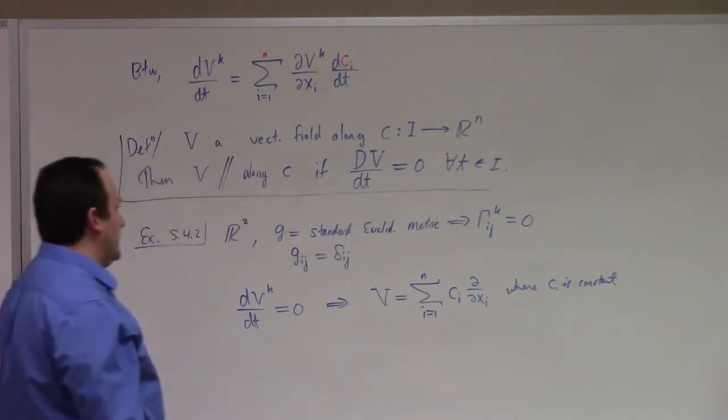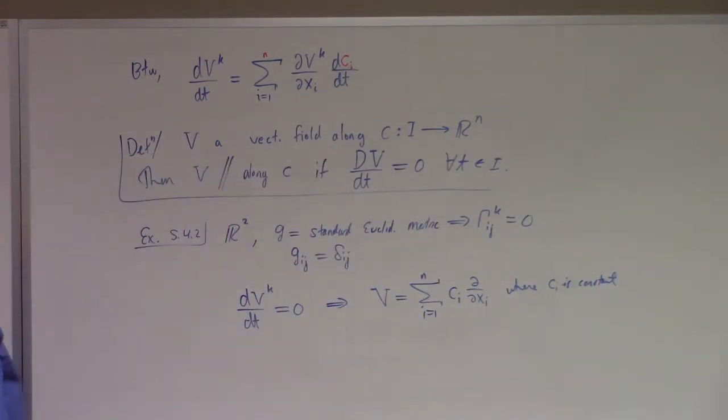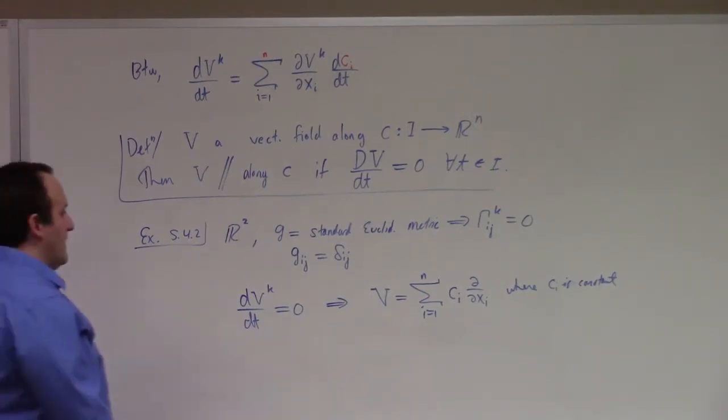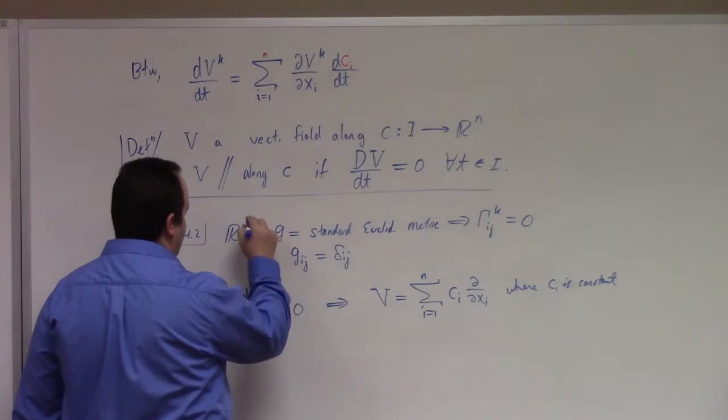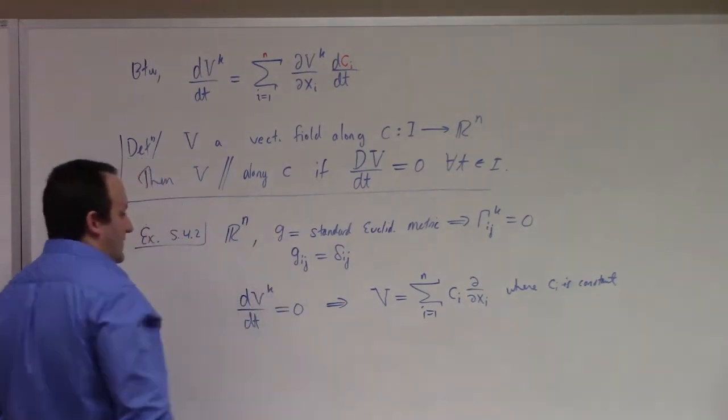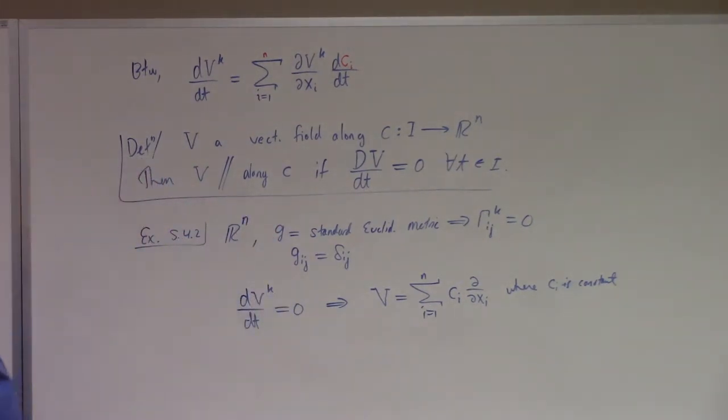Those are the vector fields which are constant along a curve, and I'm forgetting about R^2. I leveled my game up; I changed that 2 to an n. It was so much more work. The point is we're integrating dv^k/dt equals 0. Integrate both sides. We get v^k is equal to a constant for each k.